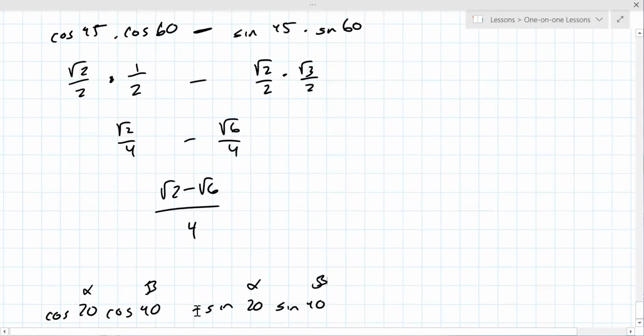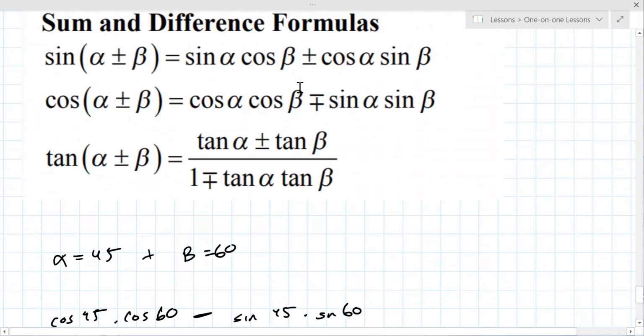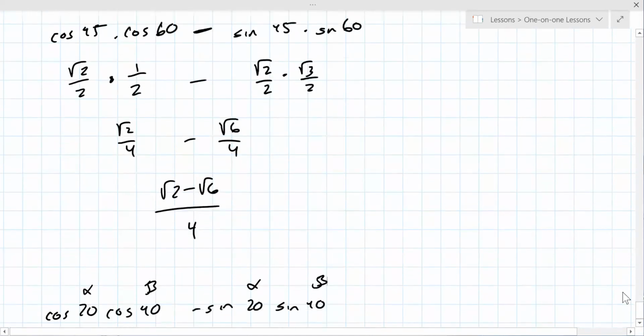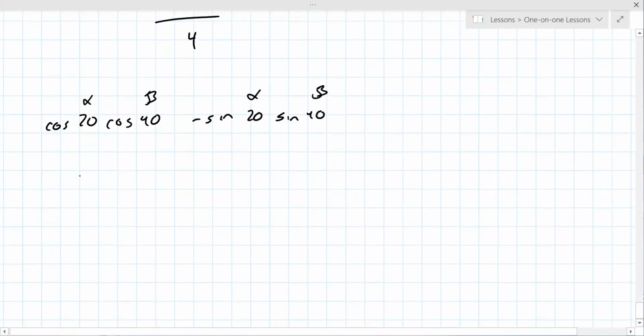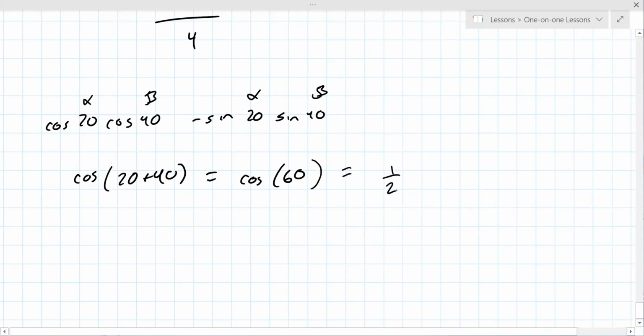Notice that you've got a minus in the middle. The minus in the middle becomes the plus. So this becomes cosine 20 plus 40, which is the cosine of 60. Cosine of 60 is a known value on the unit circle. It is 1/2. All right. Pretty simple.